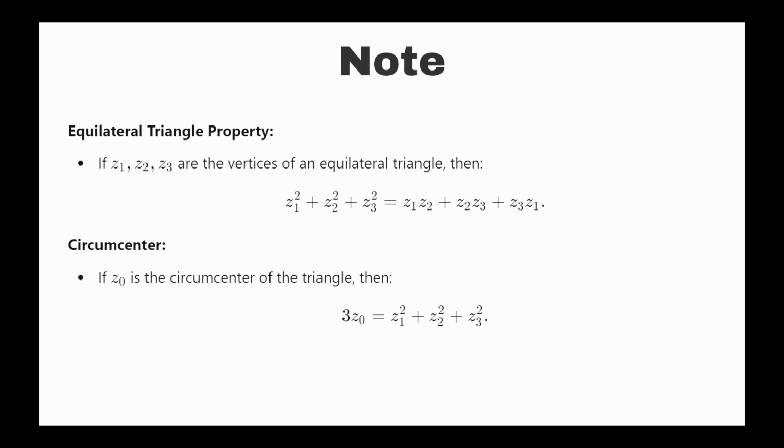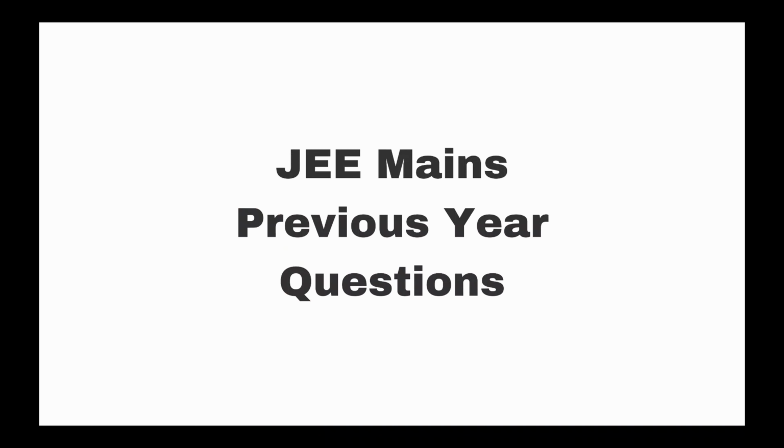If I have 3 vertices z1, z2, z3 of an equilateral triangle, then they can be related in this format: z1 squared plus z2 squared plus z3 squared equals z1 z2 plus z2 z3 plus z3 z1. And if z0 is the circumcenter of the triangle, then 3 z0 can be represented in this way. Again, this triangle we are talking about here is still an equilateral triangle. So keep these two formulas in mind as well.